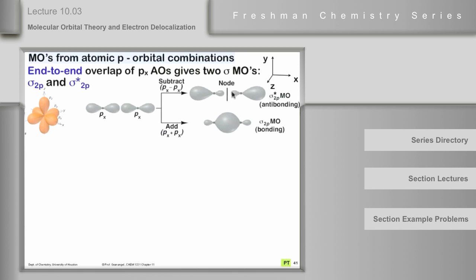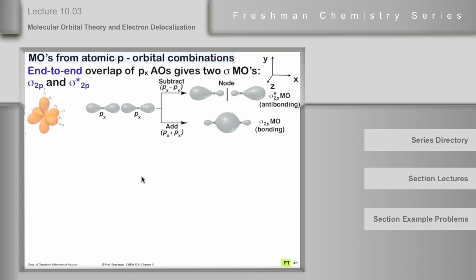And this node means there's no electron density in here, or very little electron density. The nuclei see one another with no shielding. That's a bad thing. Any electrons that are in here are localized, as we said before. So this is going to be an antibonding molecular orbital. Does it make sense to you? Okay? So this works pretty much like an s plus an s molecular orbital.